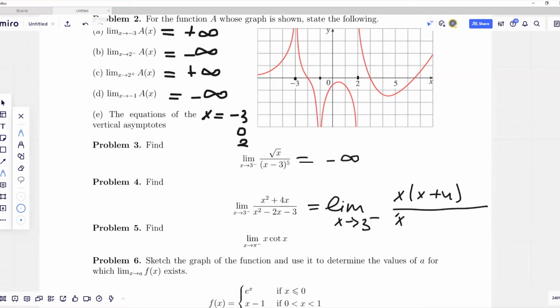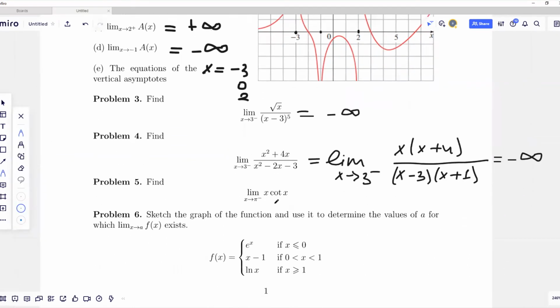So the roots are 3 and -1, so (x - 3)(x + 1). If we substitute some value that is smaller than 3, we'll get here some small negative number. This is positive, this is positive, this is positive, and this is minus infinity.